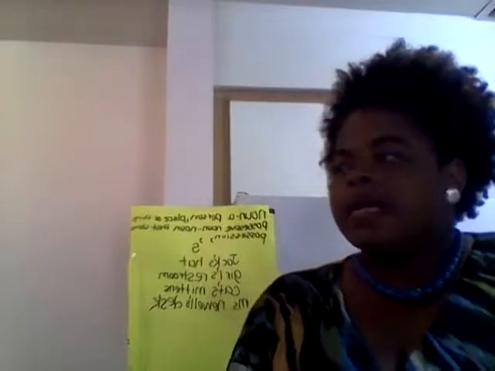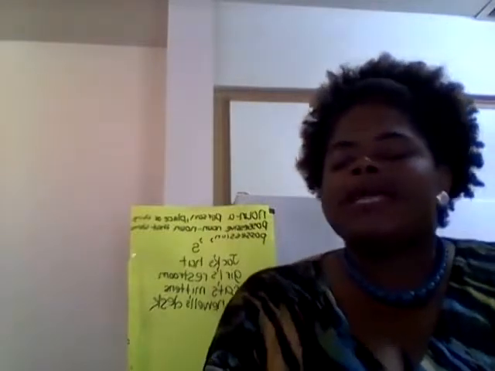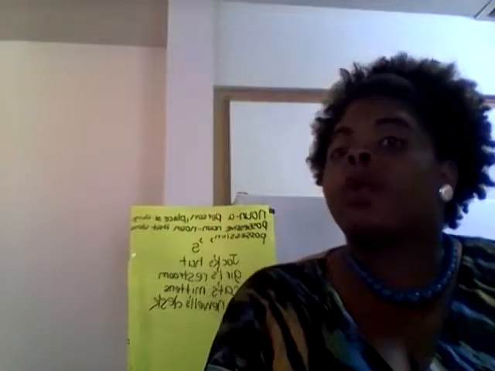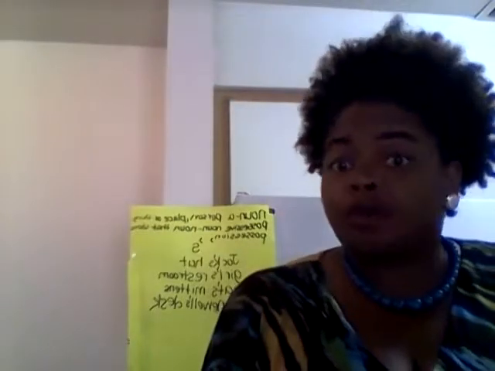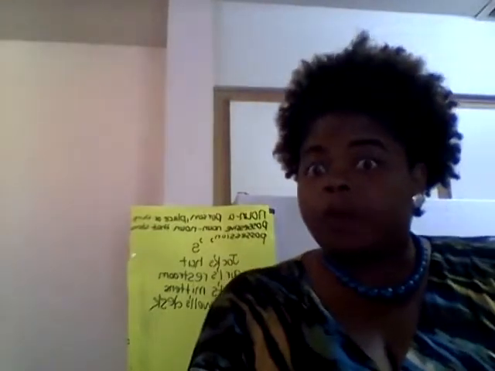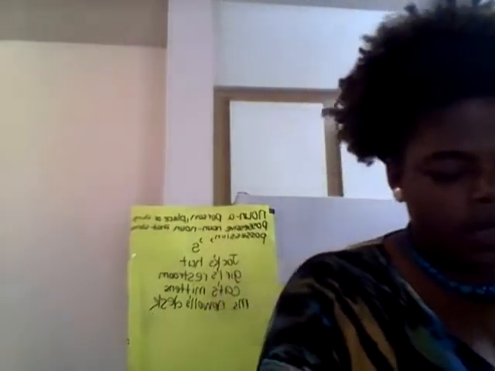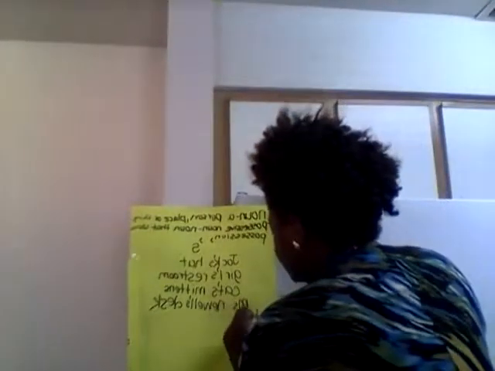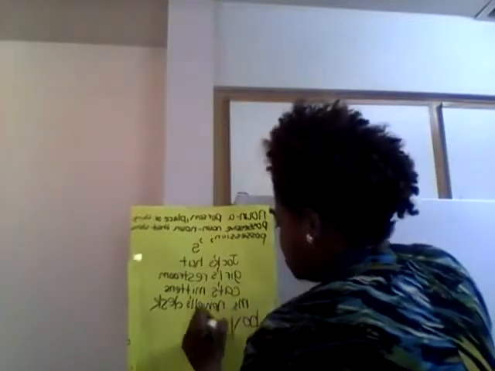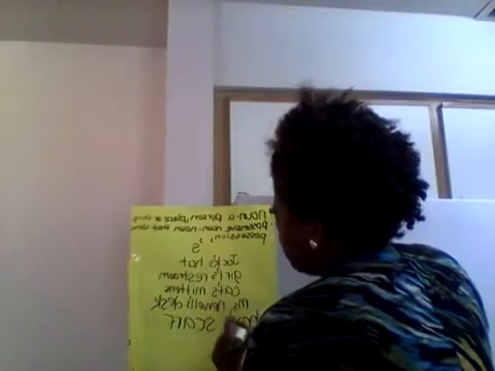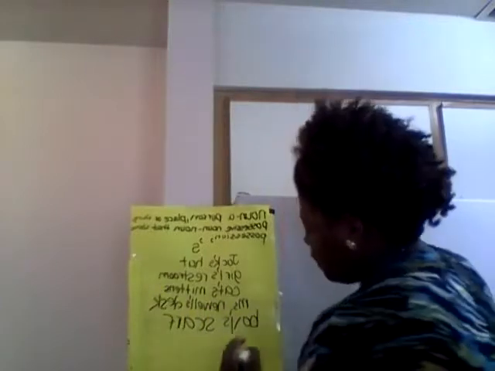Okay, time is up. Now I need you to trade papers with your neighbor on the right, and we're going to grade each other's papers. We're going to put a few of these on the board, and you can just check your answers as we go. So number 2 was boy, scarf. And we know we had to add an apostrophe S to boy to make boy's scarf.